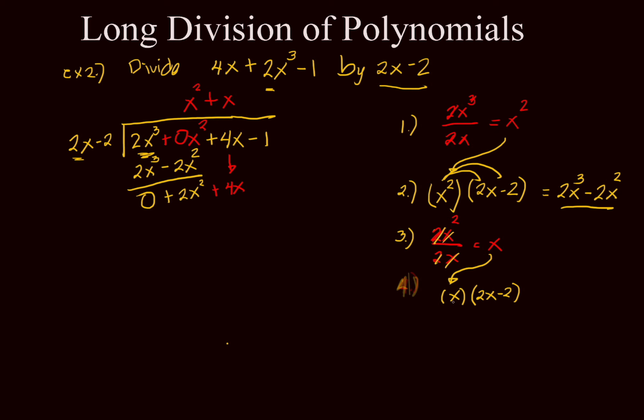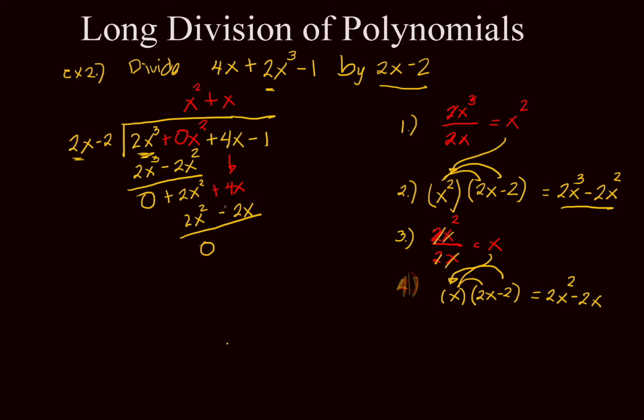So x multiplied to 2x minus 2: x times 2x will just give us 2x squared. x multiplied to negative 2 will just give us a negative 2x. And we're just going to place it underneath our 2x squared plus 4x. So we now have 2x squared minus 2x. Then let's subtract. This one will give us a 0.